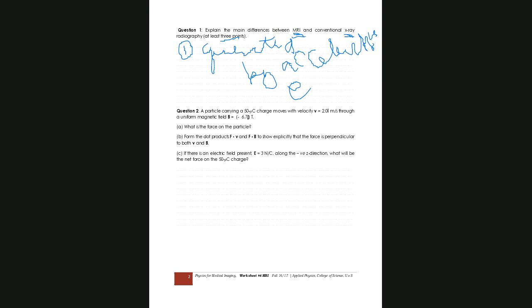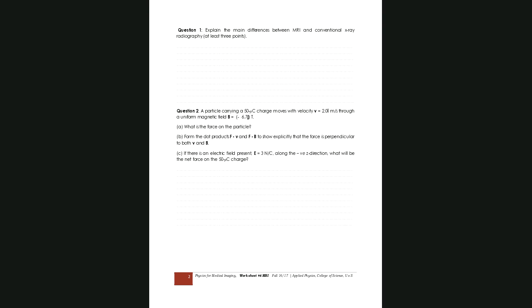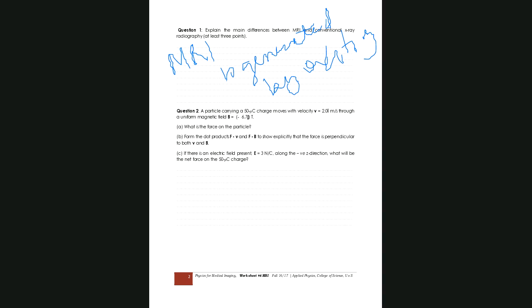Now, on the other hand, MRI is generated by exciting protons. So that's the first main difference between the two.